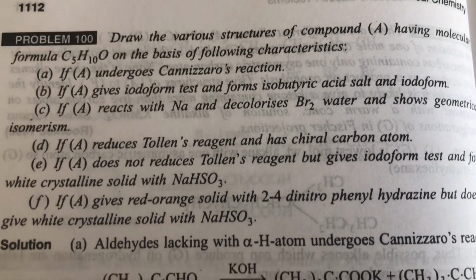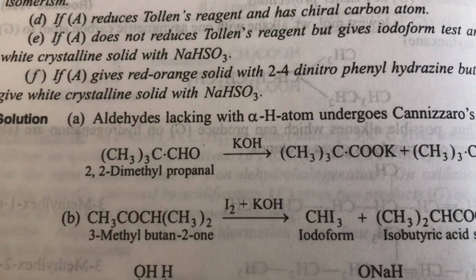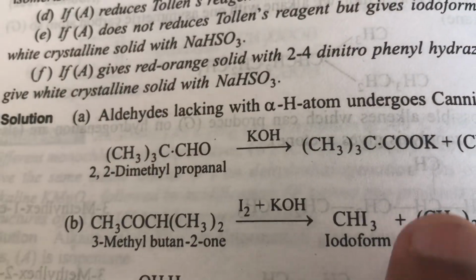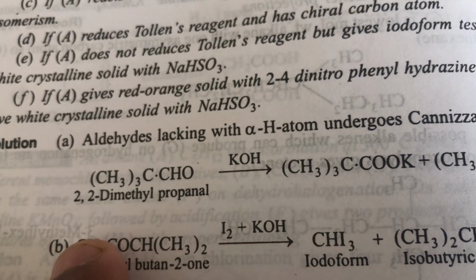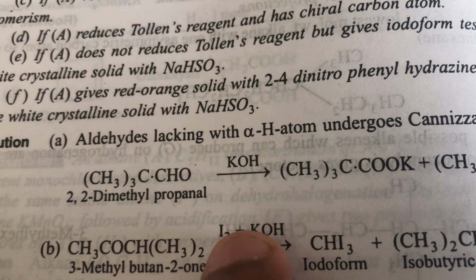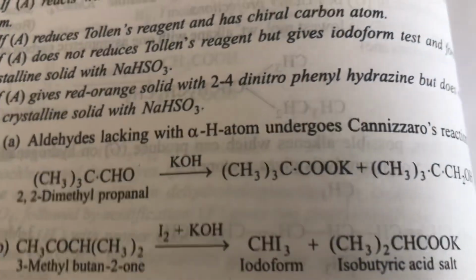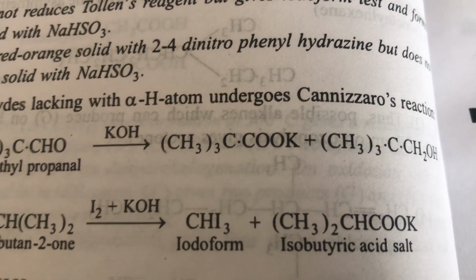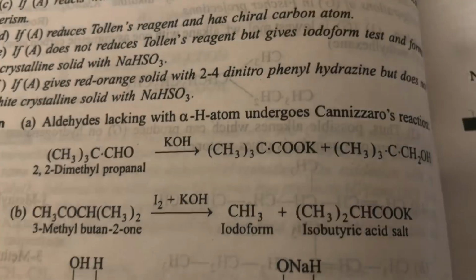That means you got it: COCH3 on the left hand side, and on CH2 methyls are there. So you will get CHI3 and (CH3)2CH COOK. Clear cut, you are getting the answer.